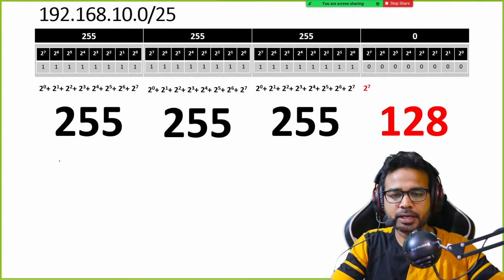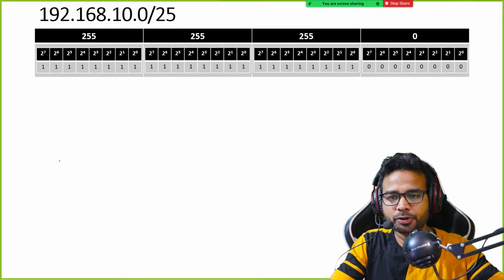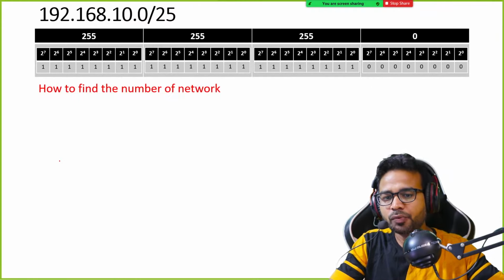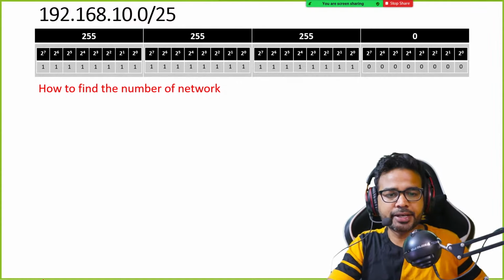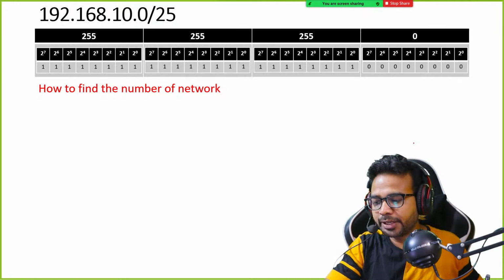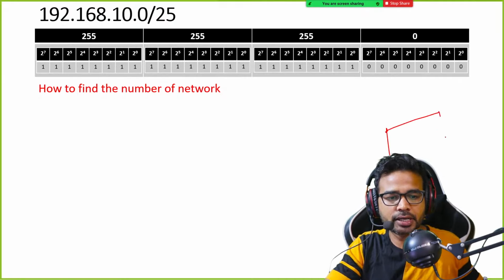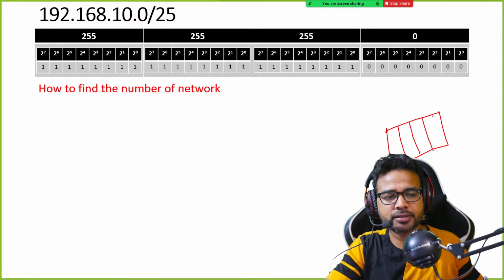Okay. Now, from here, how to find the number of networks? As I have told you, subnetting means dividing a large network into multiple small networks. This is one large network. With the help of subnetting, we can divide this network into multiple segments.